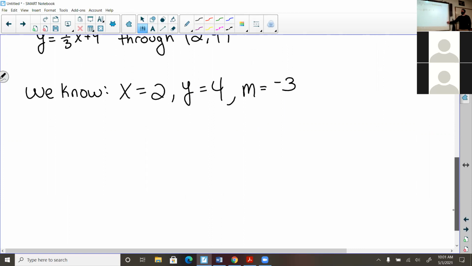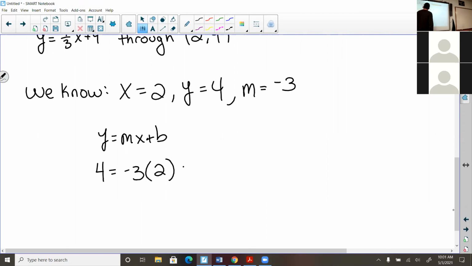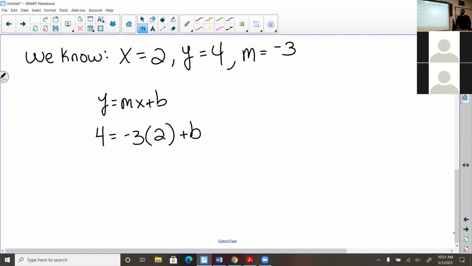So again, I have 3 out of 4 variables answered. When I plug it into y equals mx plus b, I have 4 equals -3 times 2 plus b. Then when I solve for b, 4 equals -6 plus b, add 6 to both sides.